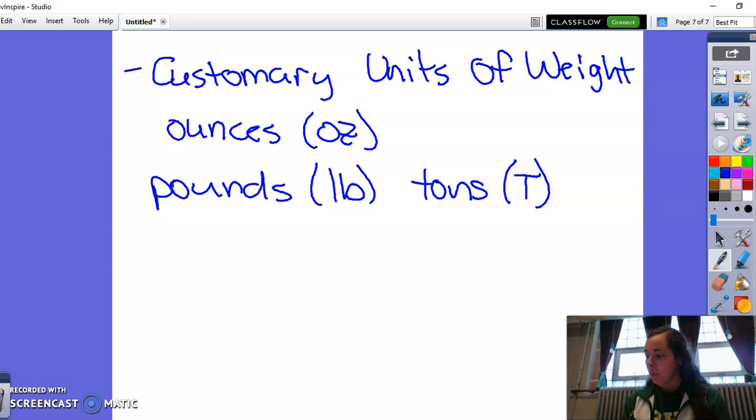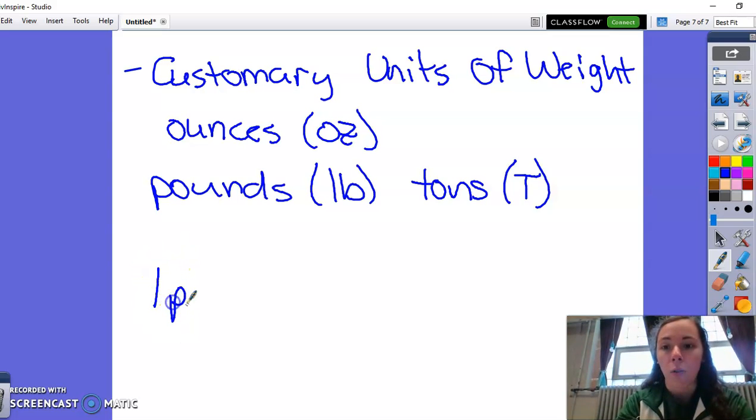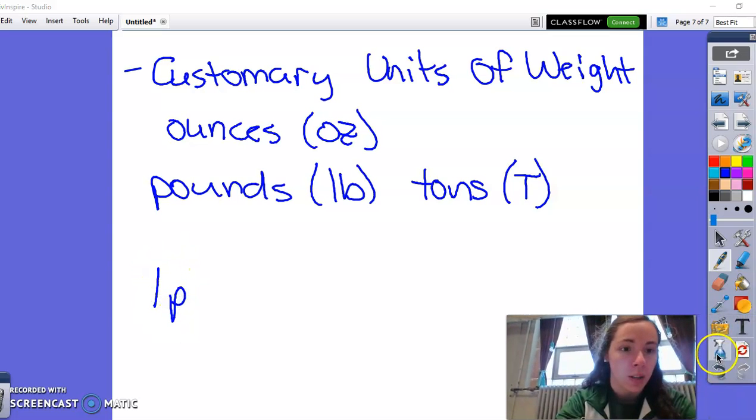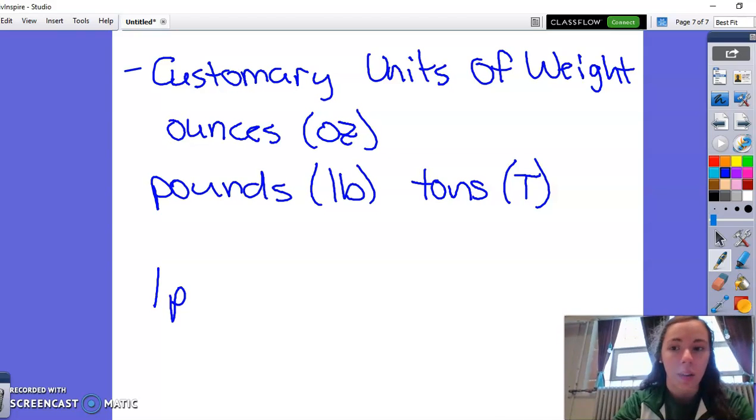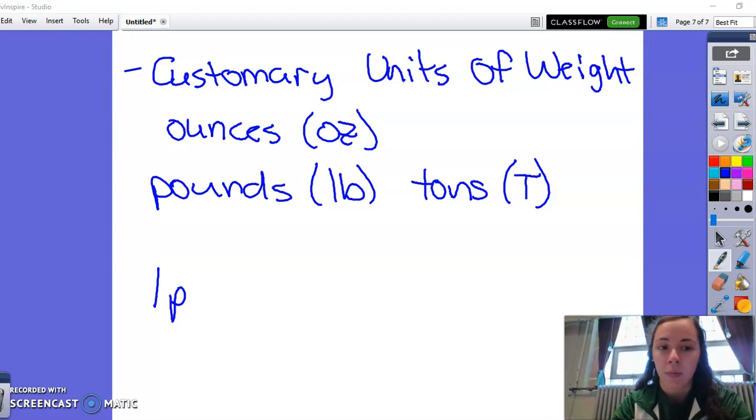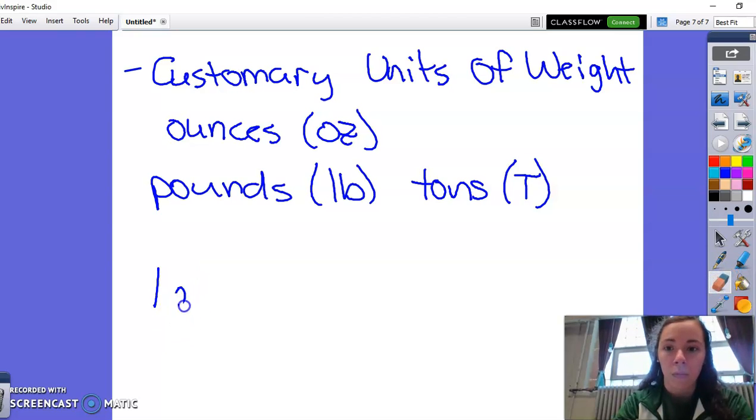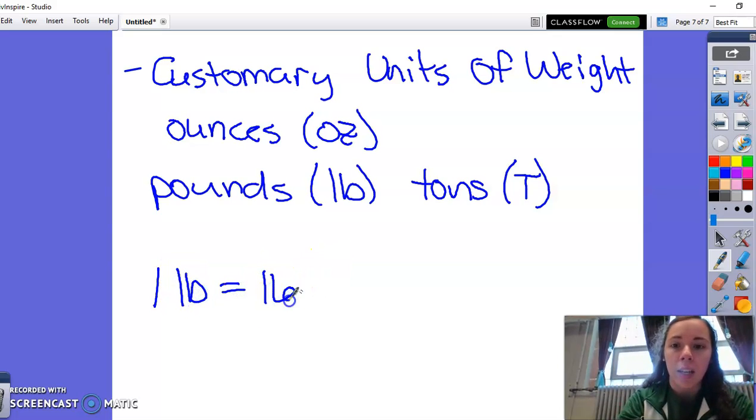Okay? And for this one, there's only two conversions, so I'm just going to go ahead and put them on here. 1 pound, whoops, I was about to write PD instead of LB. One pound is 16 ounces.